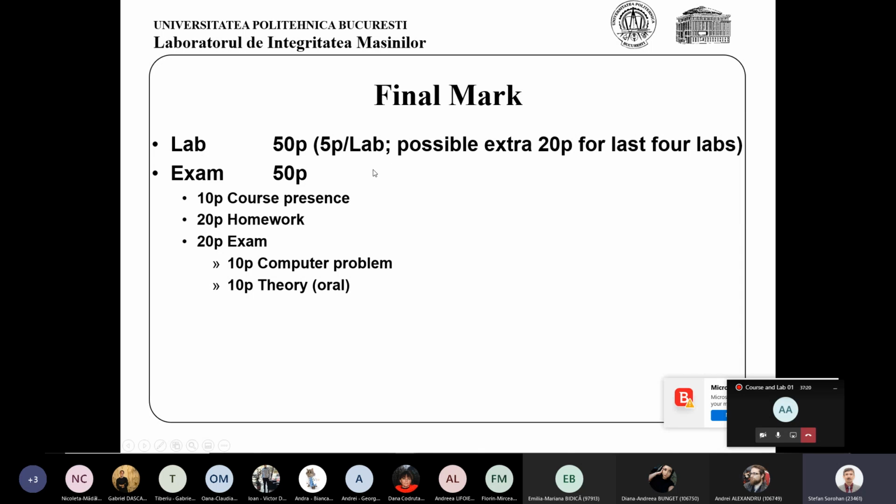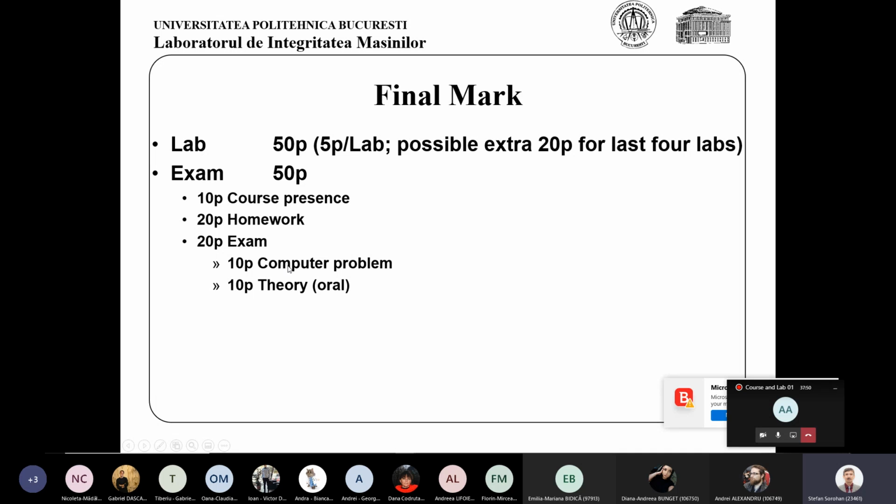So the first labs will give you maximum 50 points. The remaining points will be at the exam, but the exam means 10 points the course presents, 20 points the homework. You must solve a homework for the exam, and only 20 points will be exactly at the exam.